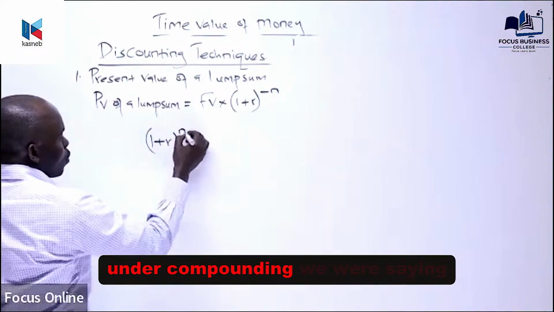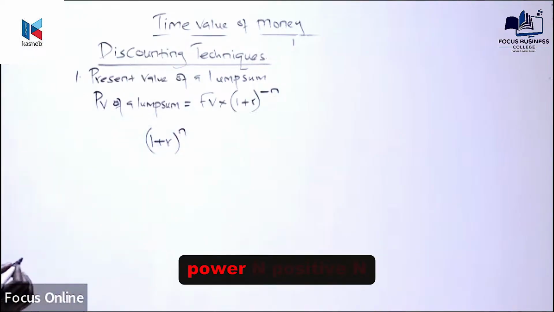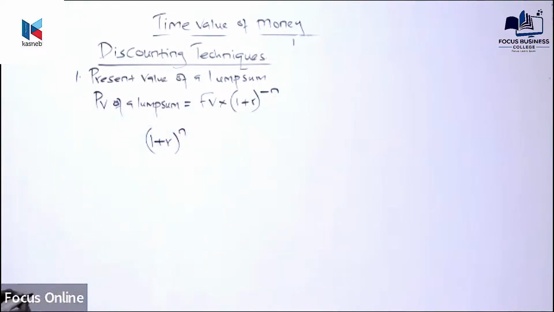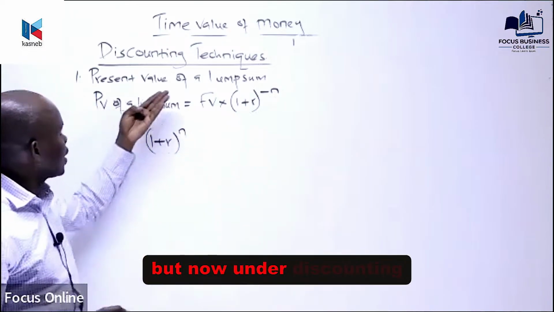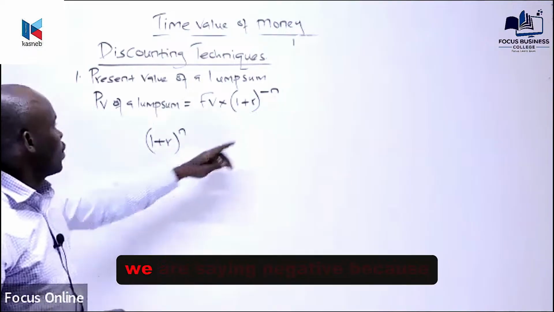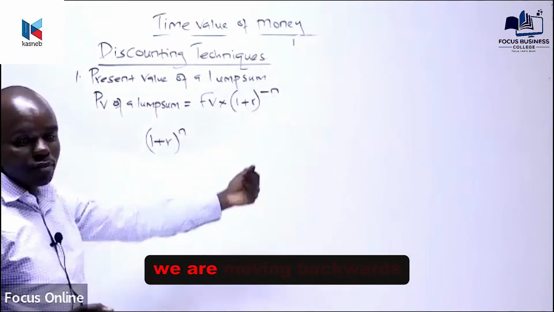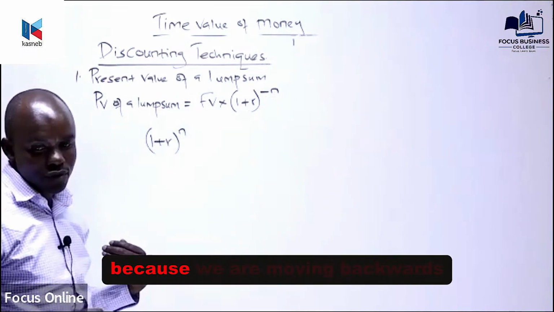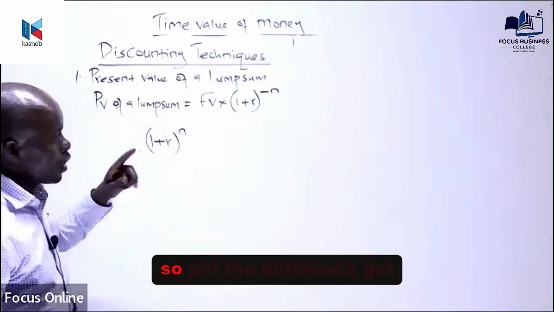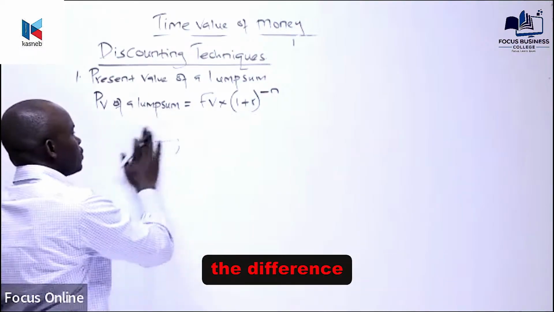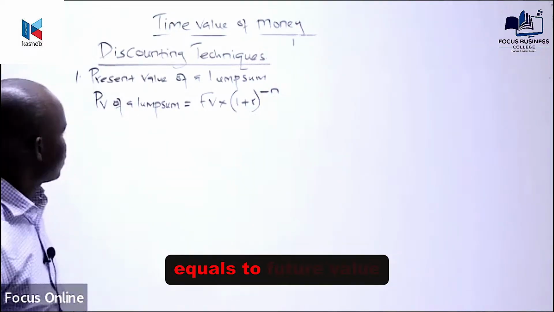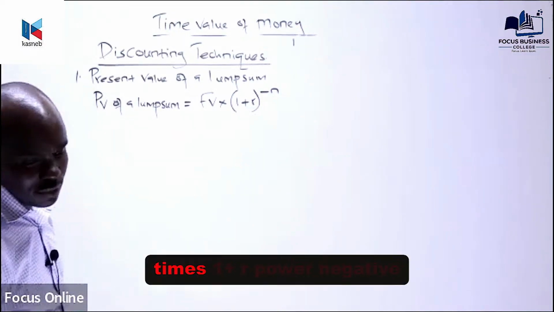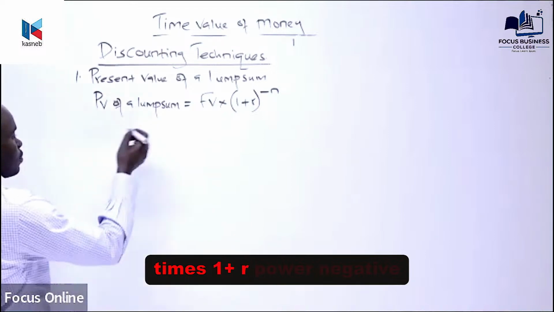Under compounding, we were saying power n, positive n, because we were moving forward. But now, under discounting, we are saying negative, because we are moving backwards. So get the difference.